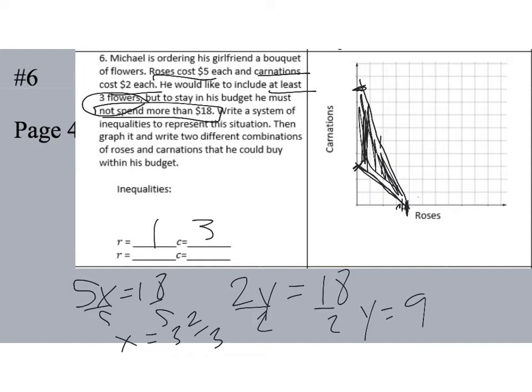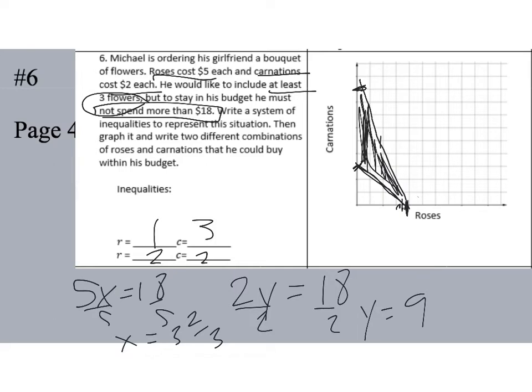I think so. Alright, next point, let's say we go over 2 roses and up 2 carnations. Is that in the shading? I think so. Both of those points will fit in his budget, and they're more than 3 flowers.